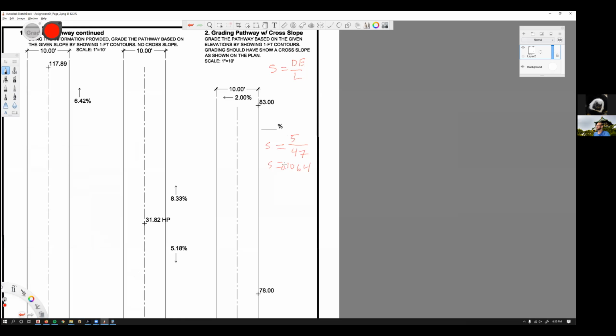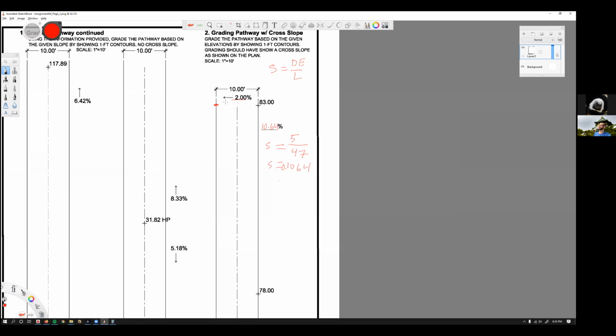Sorry, 0 point. And that would be, you move the decimal point over 2 places to get a percent. That would be 10.64%. And now we need that slope in order to figure out where this next point is going to be.